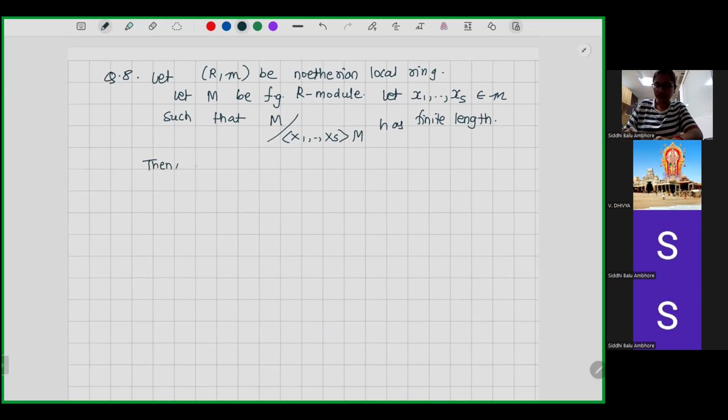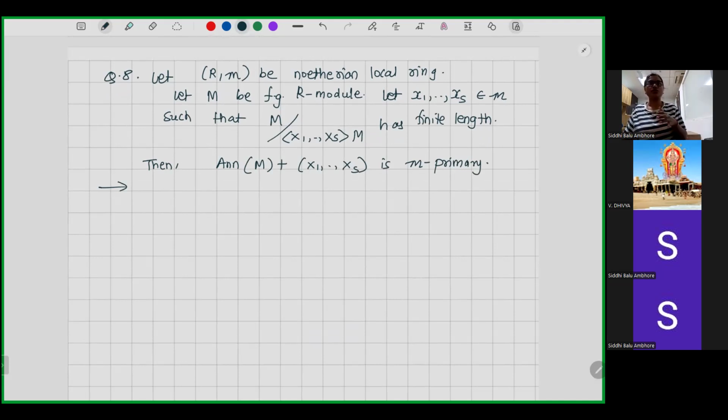Then we have to show that the annihilator of M modulo (x1 to xs)M is M-primary. This is a question from the unsolved or practice problems which are provided to you.